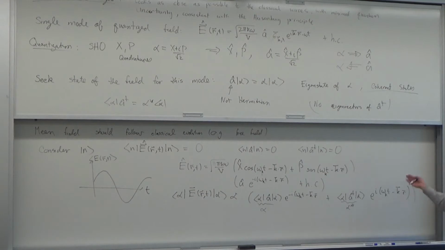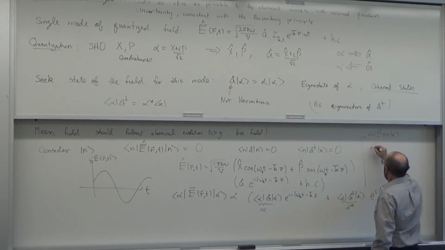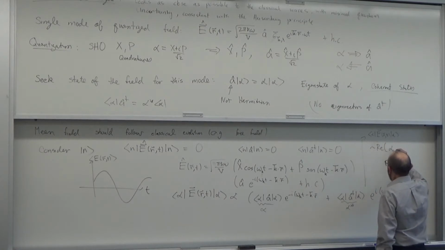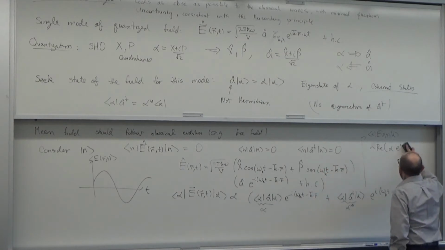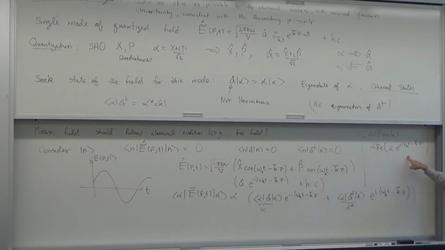Right? And because this board doesn't go up and I can't remember that, I have to be careful about that. This mean field is proportional to the real part of alpha e to the I minus omega t, which is the classical field.